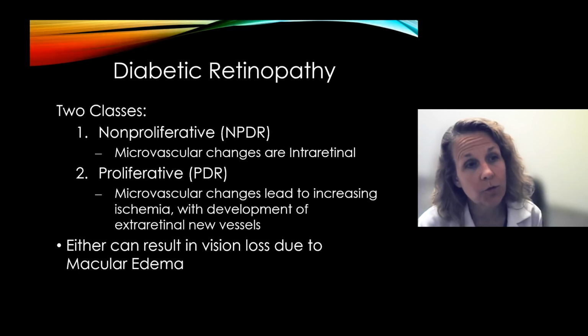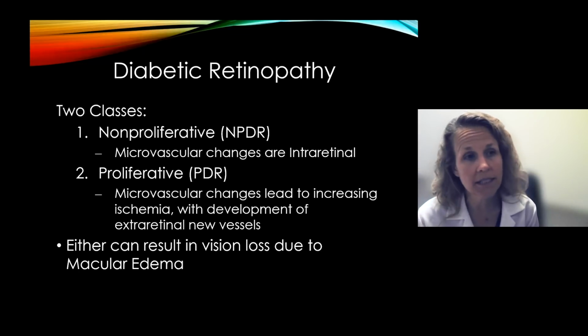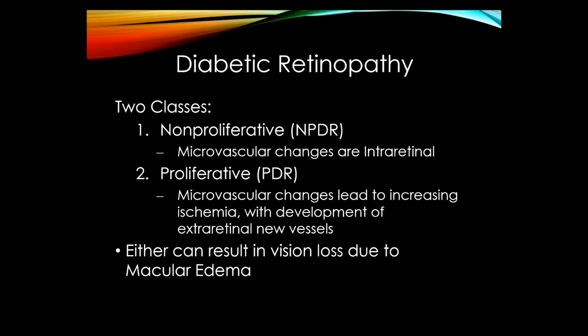We have two forms of diabetic retinopathy, two classes, which differ mostly in the degree of severity. There's the non-proliferative kind, which we call NPDR, and there's the proliferative kind, which we call PDR for proliferative diabetic retinopathy. And the way they're different is the non-proliferative kind has changes in the retinal blood vessel that are confined to the retina. They are limited to the surface of the retina.